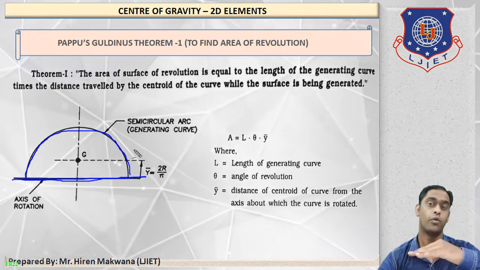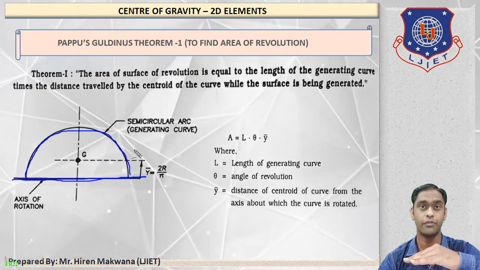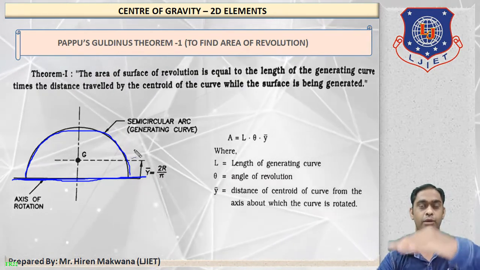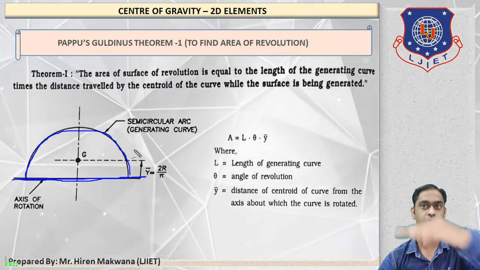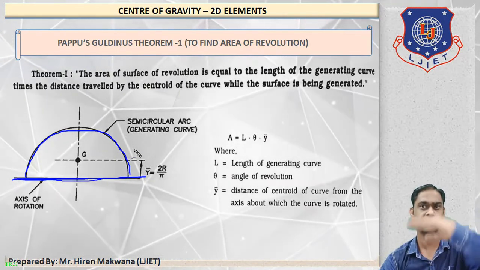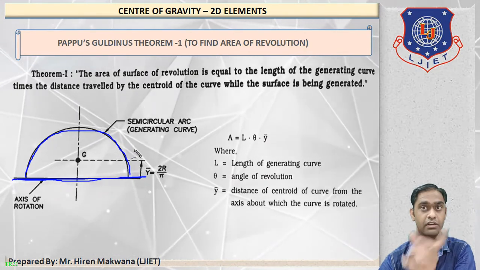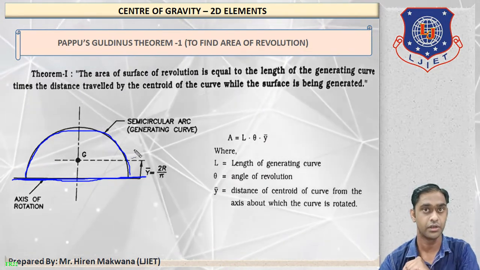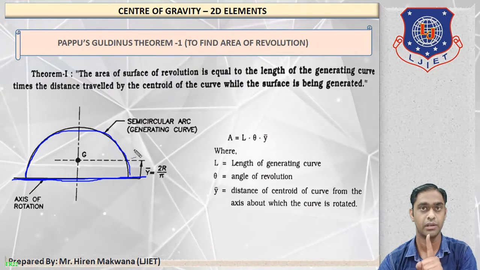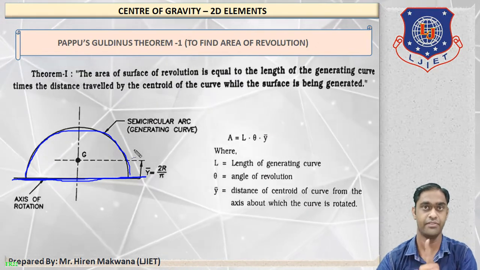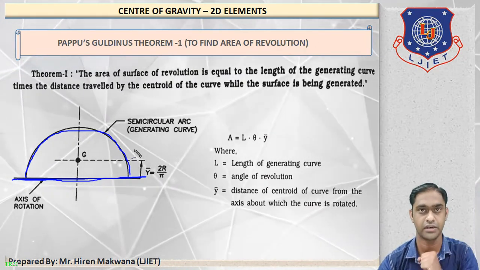Then imagine what will happen, which type of object will form. By rotating this semicircular arc up to 360 degree continuously like this, we will obtain a sphere, which is a hollow sphere. Okay, so we have to calculate the surface area of this hollow sphere.